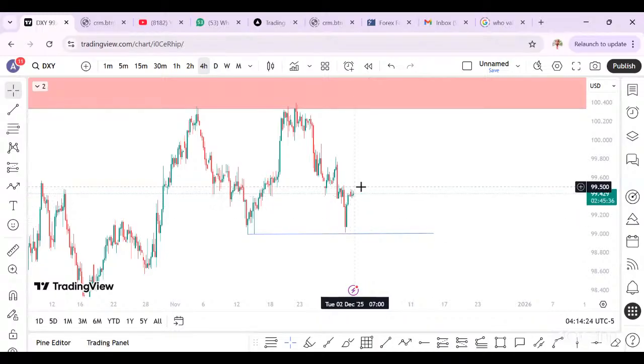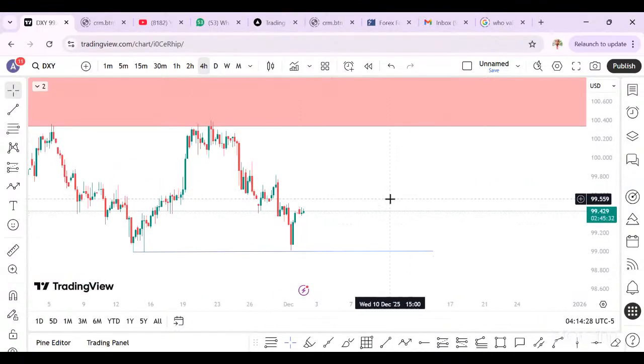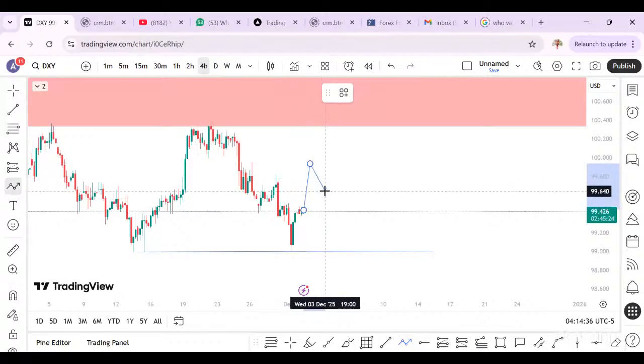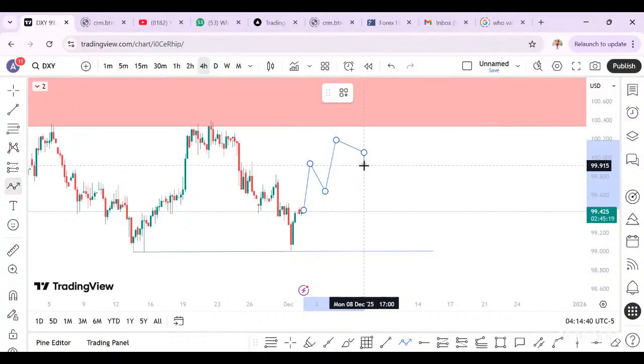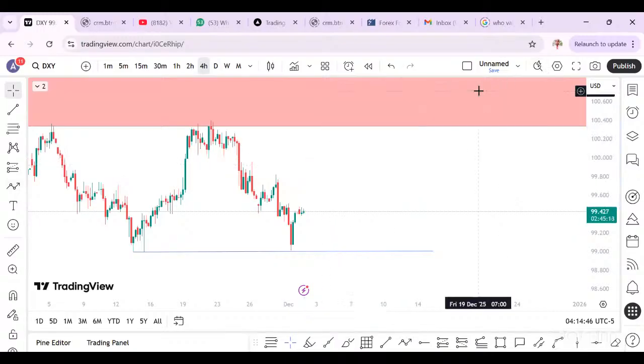So 4 hours is pushing now, but the pushing itself is not significant until maybe we begin to see a momentum coming in. So maybe that will give us the kind of bullish that we are anticipating. So for now, the market is very slow, very slow.